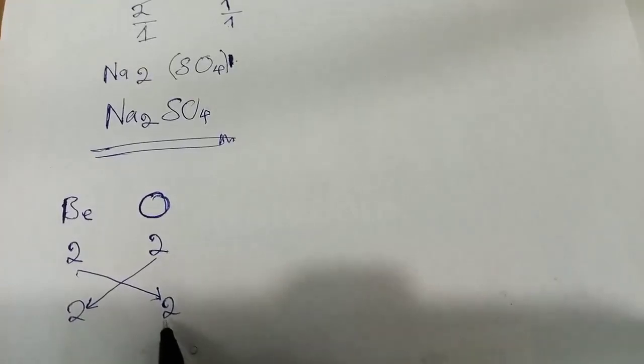You can divide 2 into 2 and it won't give you a remainder; 2 into 2 gives you 1. So you have 1 beryllium and 1 oxygen: Be1 O1.